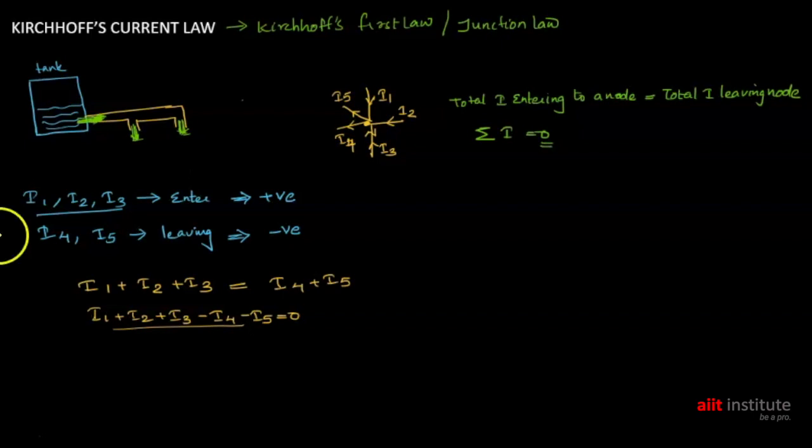We can express current in terms of charge, which means I equals Q by T, that is the rate at which the charge is flowing.